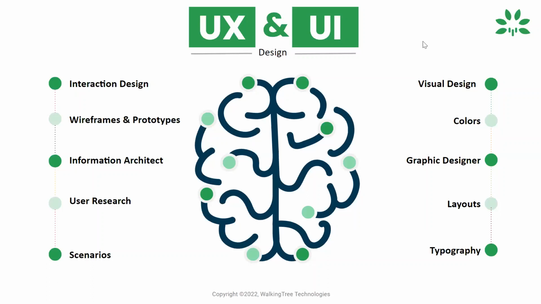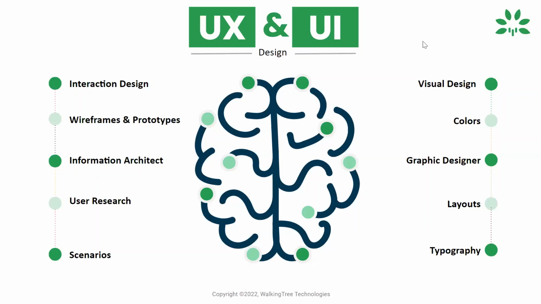And user research is another point, where we will identify the types of users, and the role of the user using this system, and their pain points, and we consider their pain points and improve the usability of the app. And after user research, the next thing is scenarios.